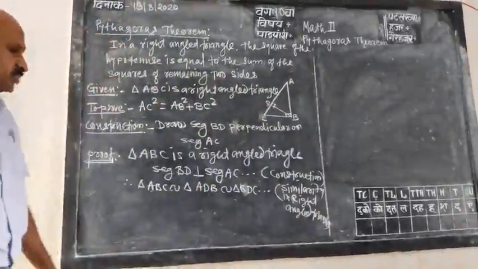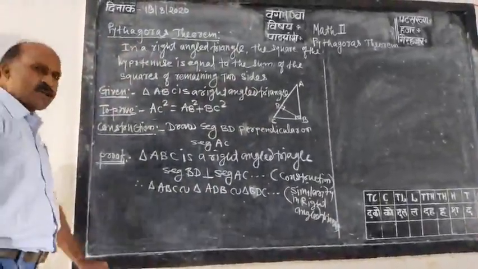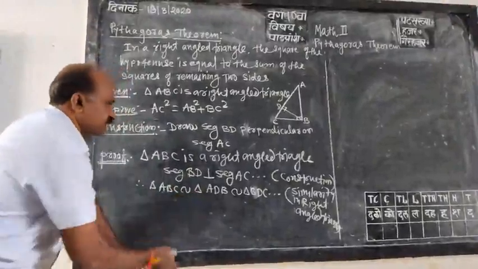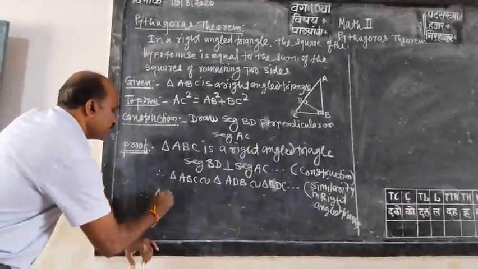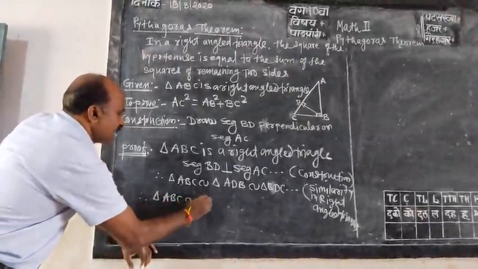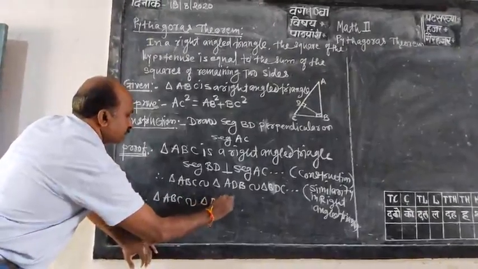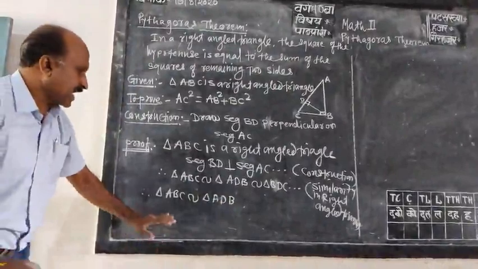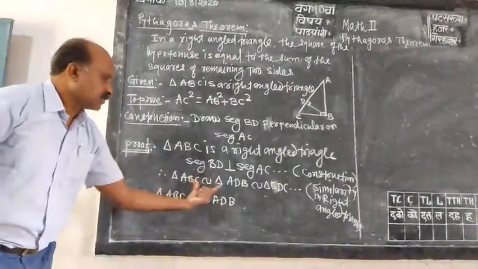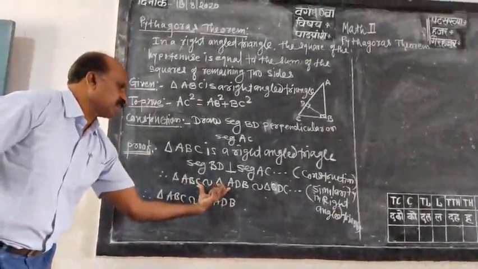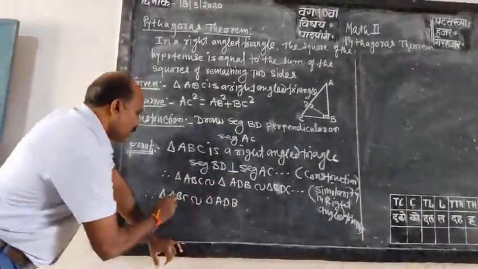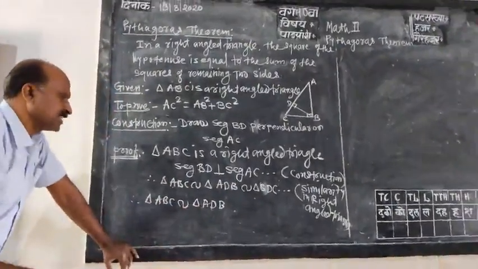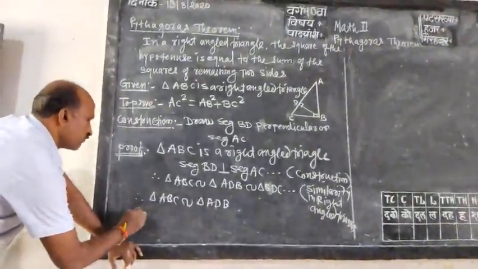So in this way, these two triangles are similar. What we have to do? We have to take two pairs. Therefore, triangle ABC is similar with triangle ADB. If these two triangles are similar, then corresponding sides are in proportion.